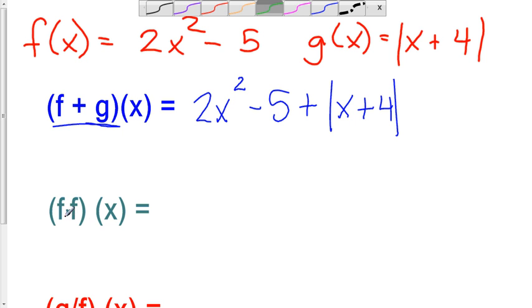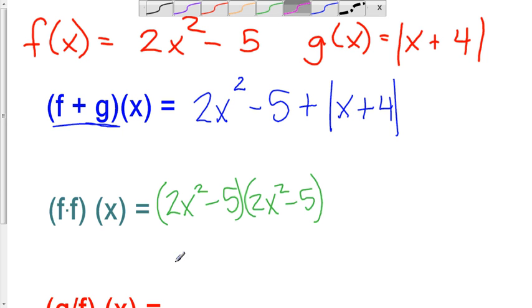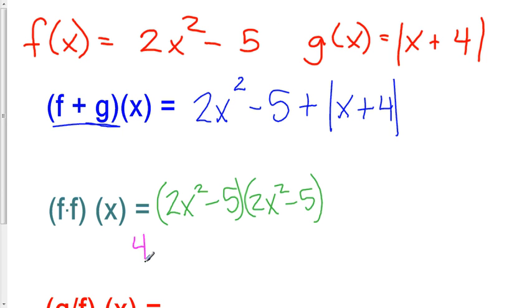You also may get one where it's f times f of x. In that case, you would be taking the f function and multiplying it by itself. And so then when you go through and multiply this, 2x squared and 2x squared is 4x to the 4th, minus 10x squared, minus 10x squared, and then plus 25.